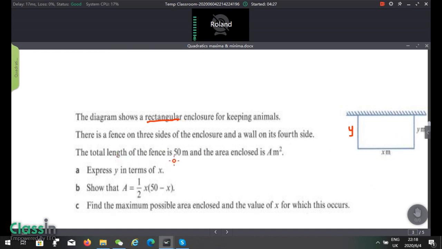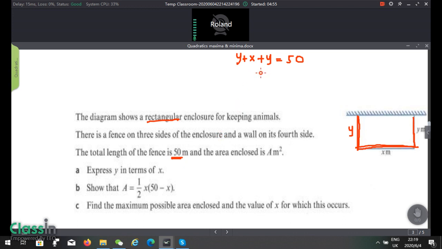The total length of the fence is 50. Remember, the fence has 3 sides. And those 3 sides are this y, this x, and this y. So y plus x plus y must be the total fence, which is 50 meters.